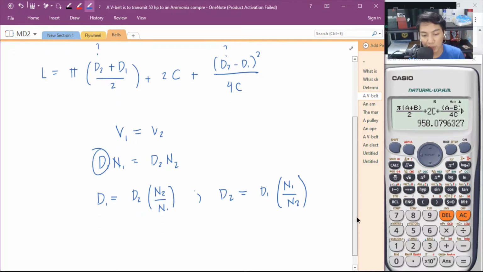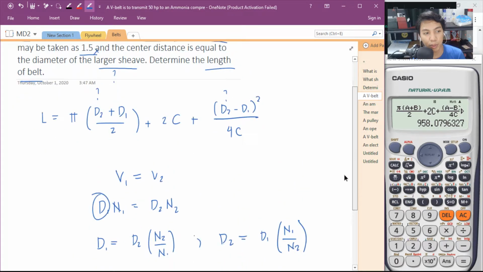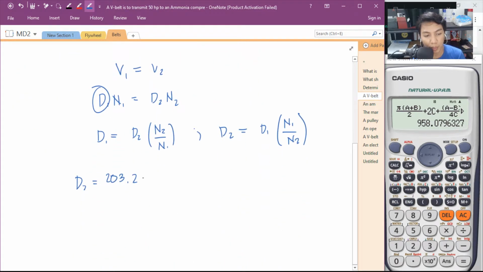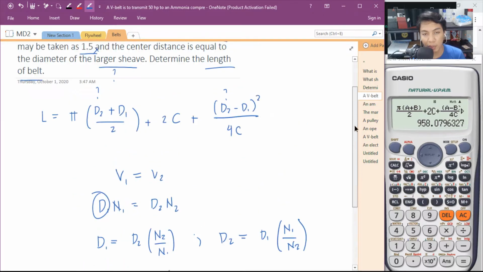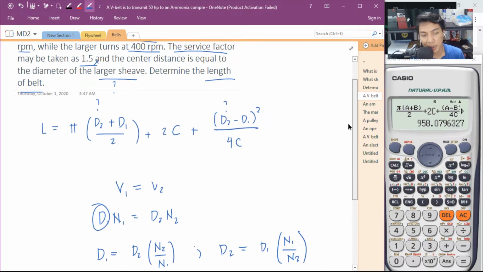So, the answer will be, pwedeng ganito yan. D2 equal to D1. Ano yung D1 natin? 203.2 millimeter. Mamaya natin, mm. Tapos, N1. The N1 is 1150 RPM. Wag na natin kunin yung unit kasi makakancel din naman.